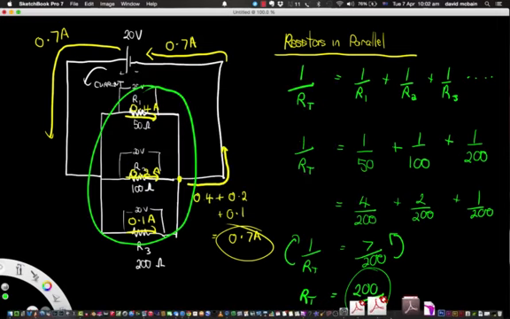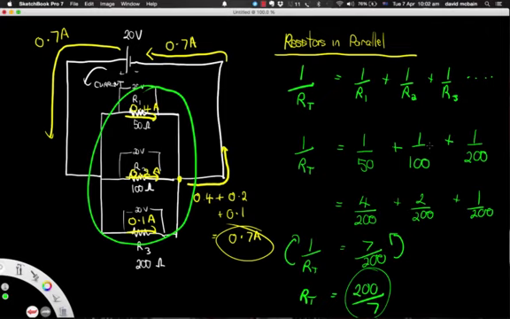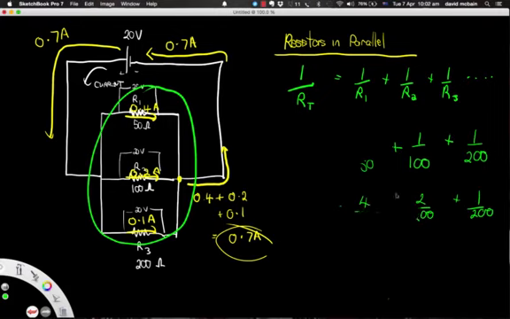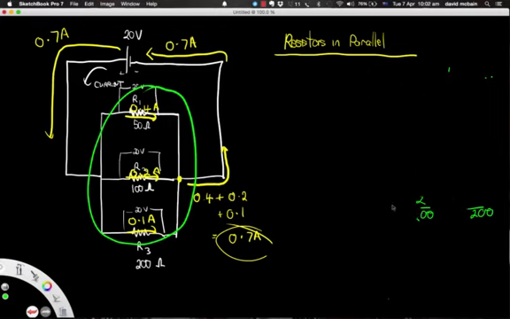So the total resistance is equal to 28.57 ohms.